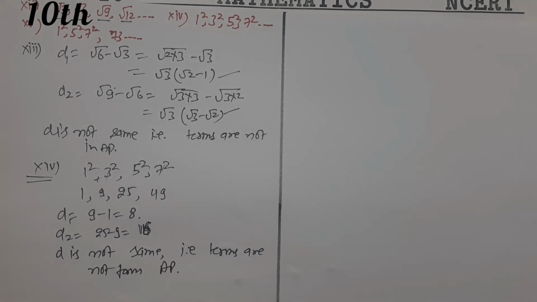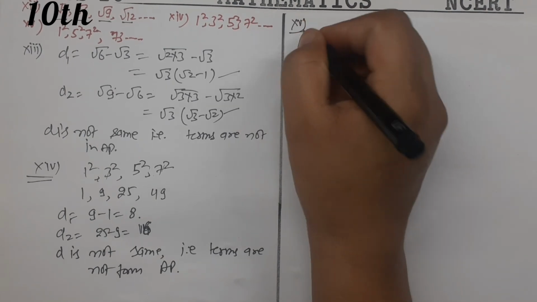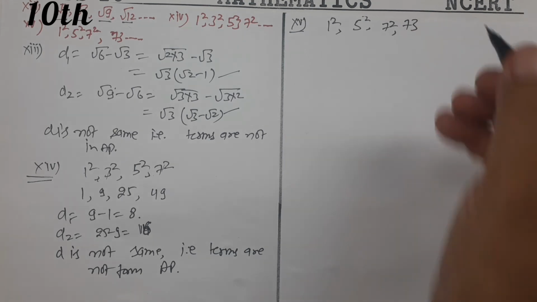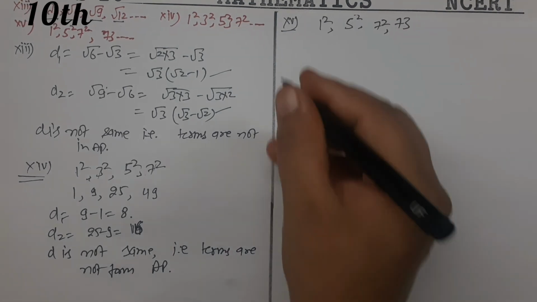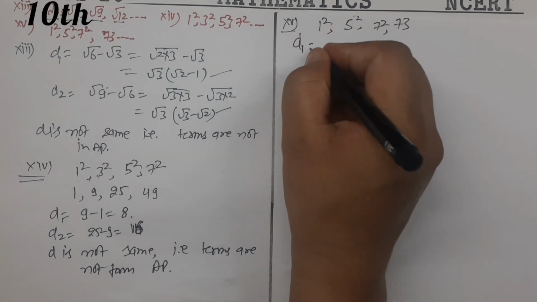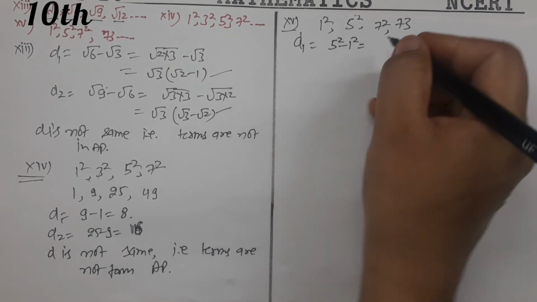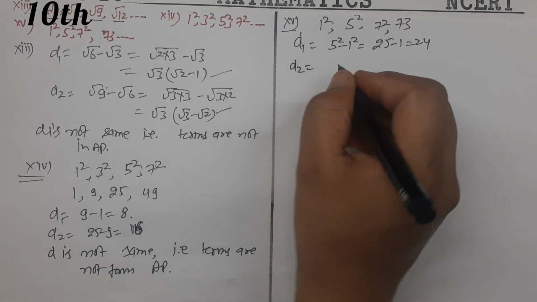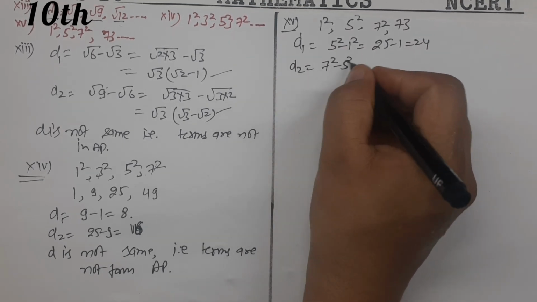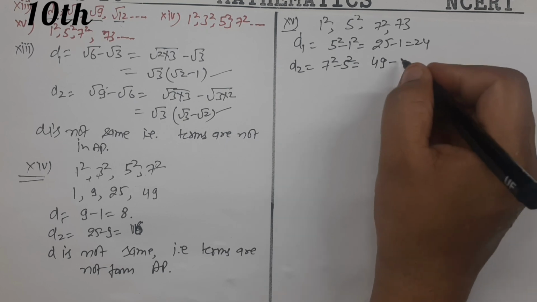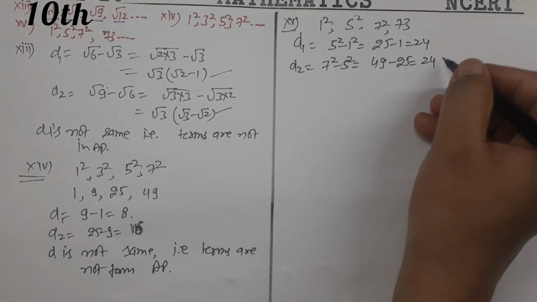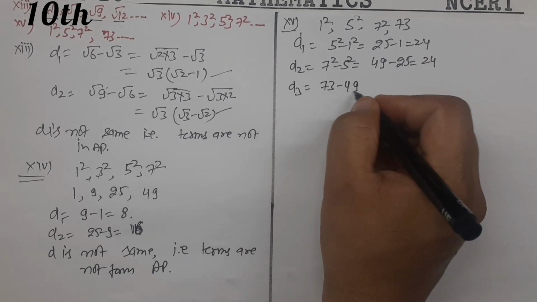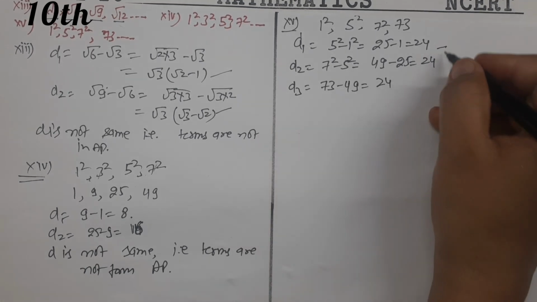Next and last part of this exercise, part 5th. d1: 5 square minus 1 square, 24. d2: 7 7s are 49, 5 5s are 25, makes 24. d3: also 24. d is the same.